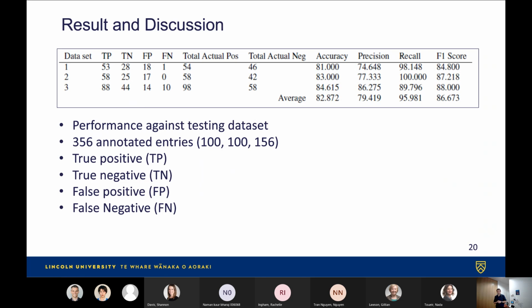Our data set was split into three different categories. So two data sets of 100 and one of 156. So you can see that the middle two columns show you the total actual positives and the total actual negatives in the data sets, and the ones on the left of that are our results, and on the right-hand side are our scores.